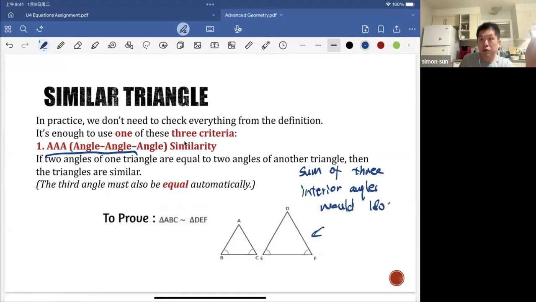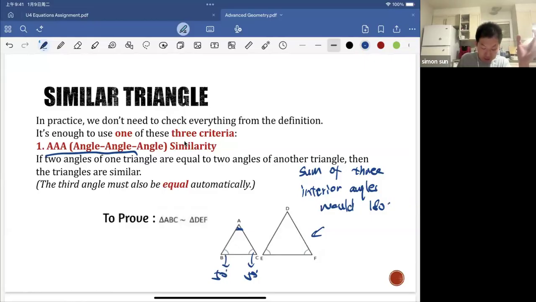So if two angles are already given, like B here is 50 degrees, C here is 50 degrees, then there's only one possible value for angle A. So we do not need to prove all the three angles are the same.